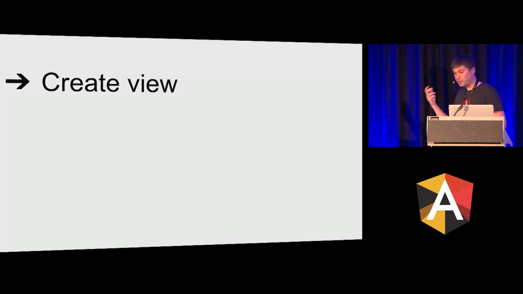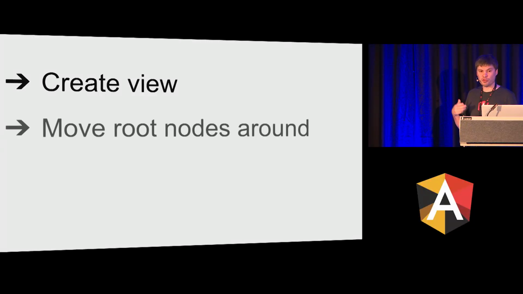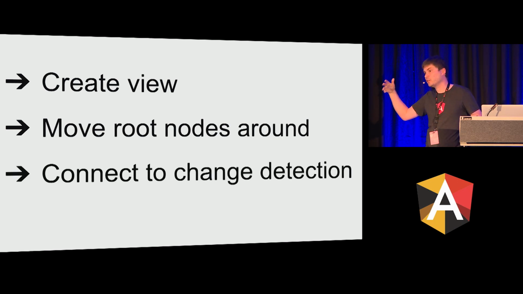So what we were doing so far, when we dynamically inserted the template reference, we created the view, we moved the nodes around, and we connected it to the change detection. And this will be the three-step process that we will be following for all the other types of views.